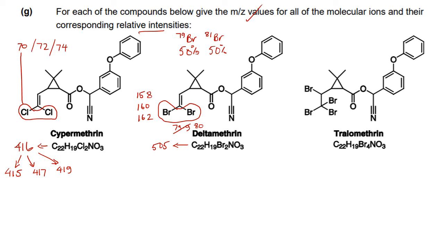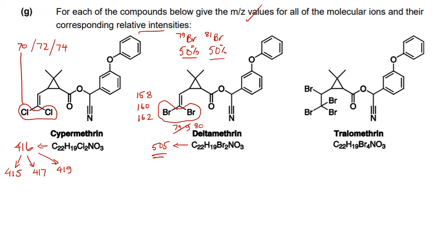Then we just adjust the Mr for those three cases that we've discussed, and you're going to use the same percentages here to work out the relative abundance of those three molecules. I won't do that again because you just use the same method as we had in the previous question.